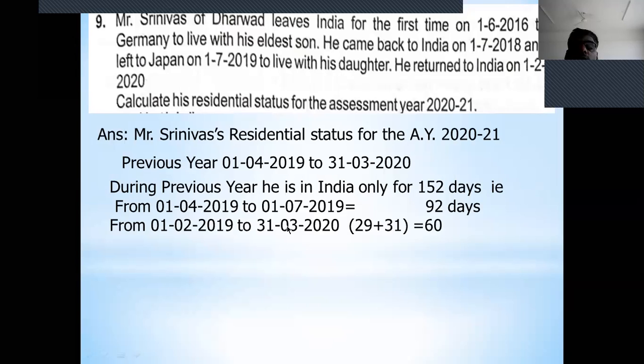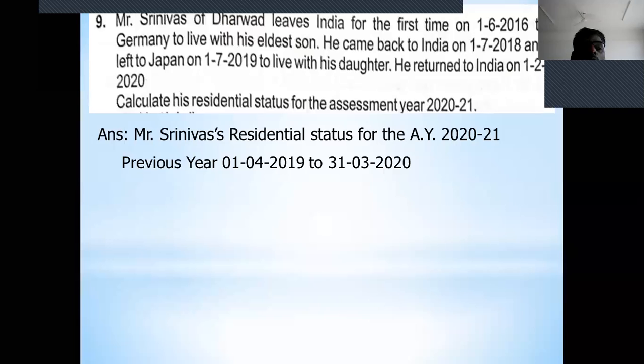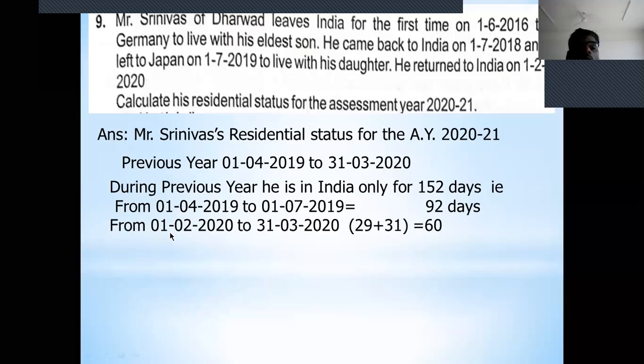And the second period, 1/2/2020 to 31st March 2020, means February 29 days and March 31 days, that is 60 days.